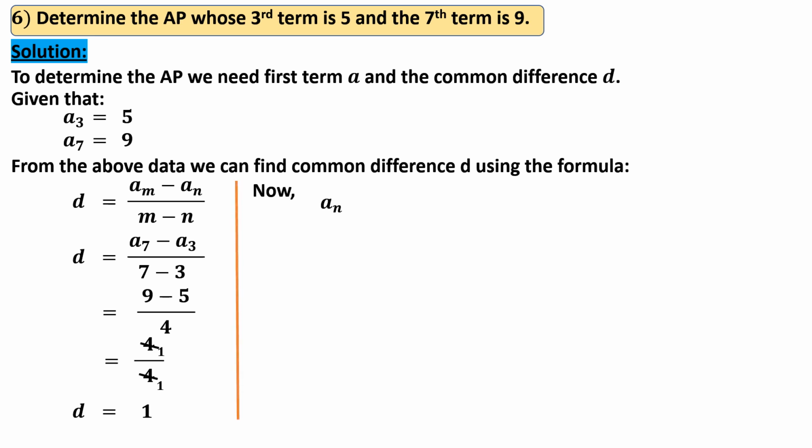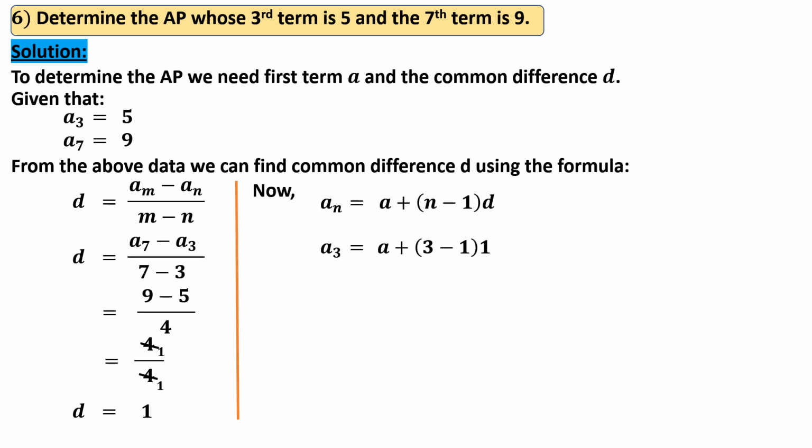Now, let us use AN equals A plus (N minus 1) into D, and let us make use of either A3 equals 5 or A7 equals 9. I am going to use A3 equals 5 here.